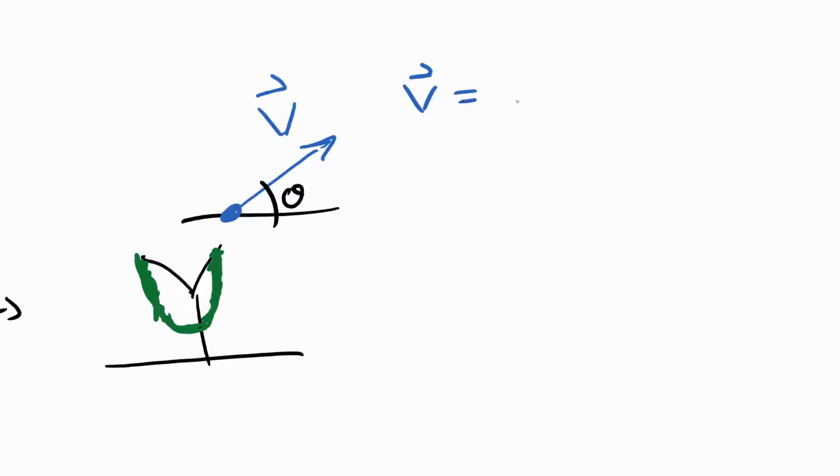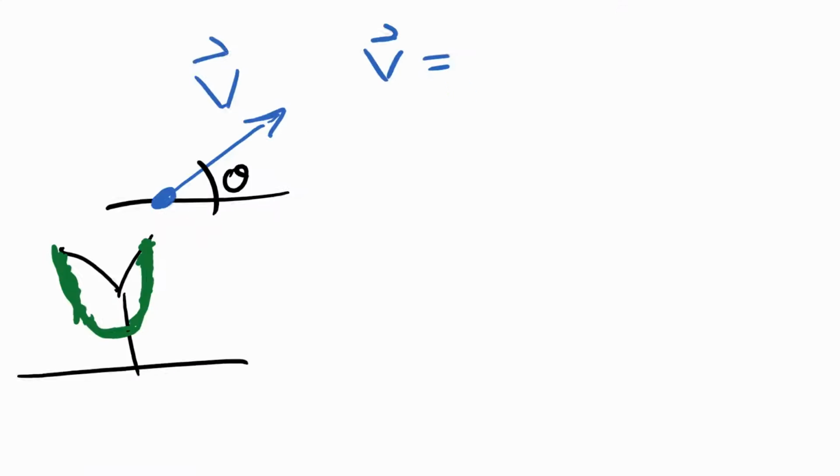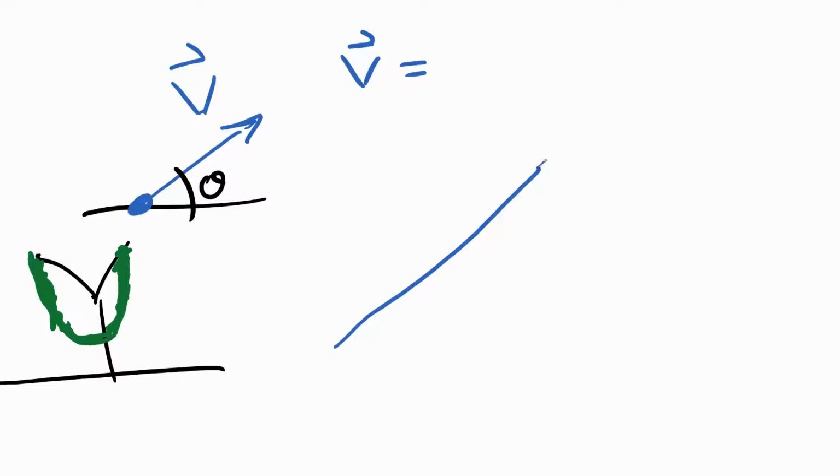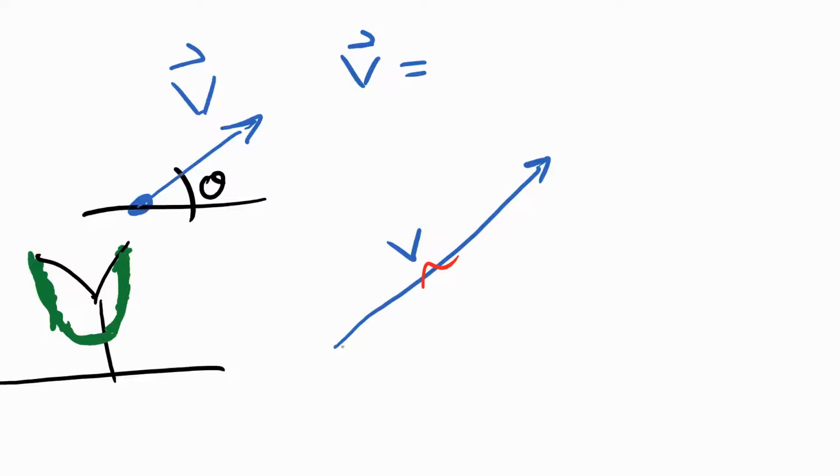I can look at this and I can say, well, all right, if I were to really dig into this thing, v, the vector, has some speed v, in this direction theta.